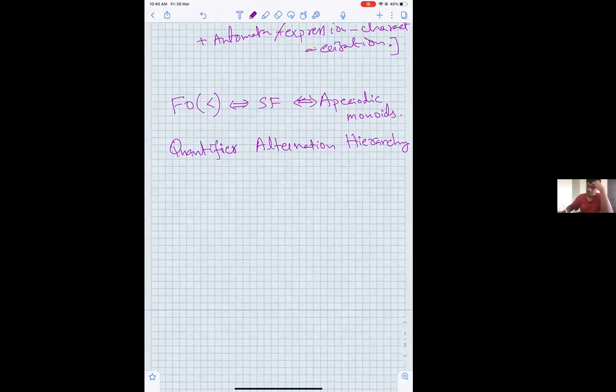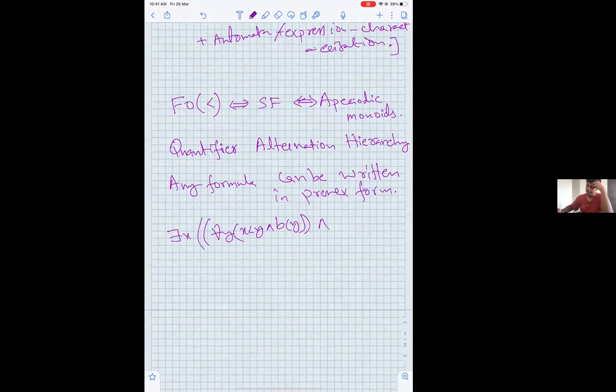Any formula can be written in prenex form. Let me tell you what that is. For instance, if I have a formula: there exists x for all y, x less than y and b of y, and there exists y, x greater than y and a of x.